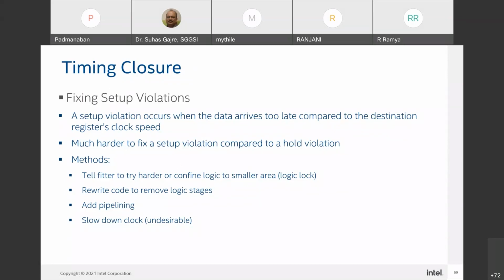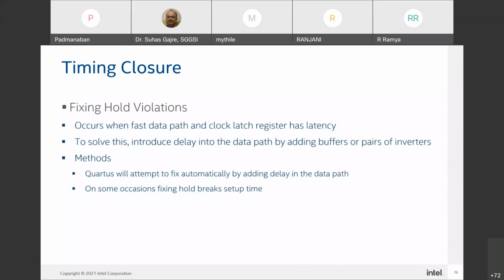And how do we fix the hold violations here? Fixing the hold violation is needed when the fast data and clock register has latency. That means you need to insert buffers into the data path. When you are inserting buffers into the data path, we should be very careful, because if you insert more buffers, that will affect setup.